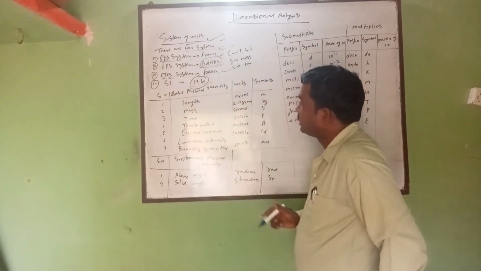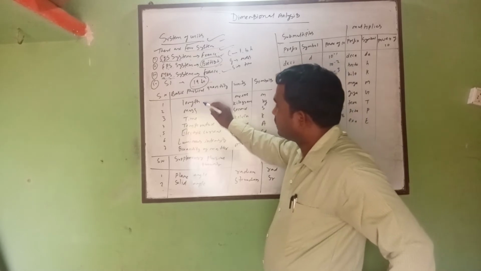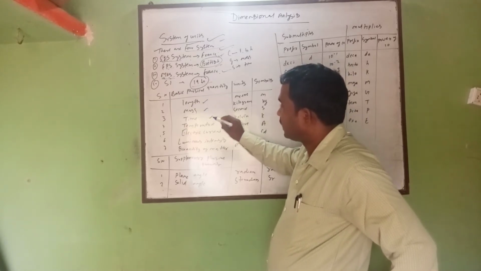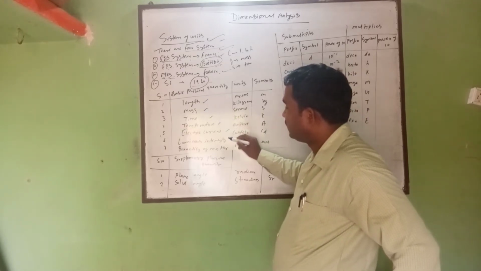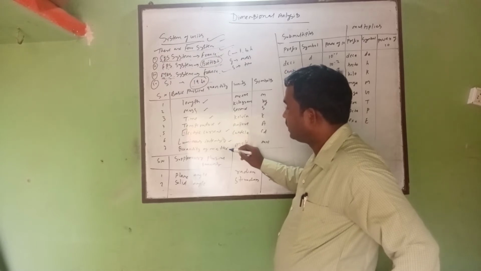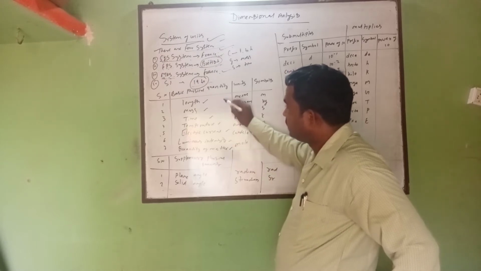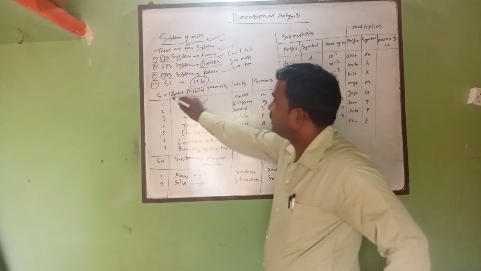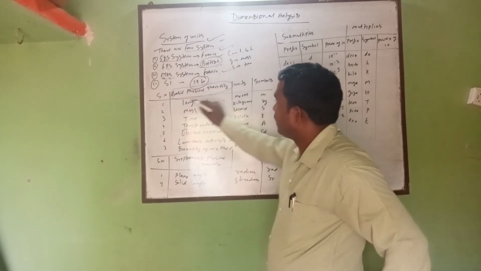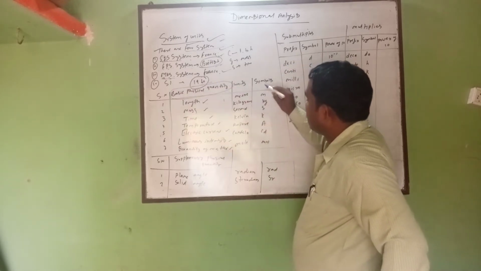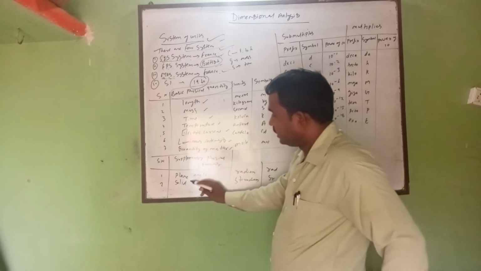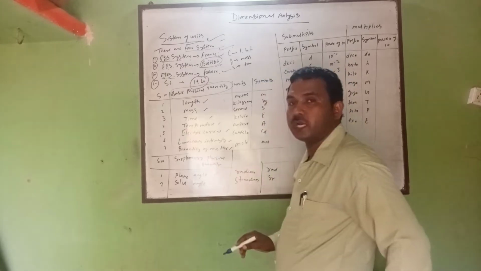You can see that the basic ones are length, mass, time, temperature, electric current, luminous intensity, and quantity of matter. These 7 are the basic physical quantities, and the supplementary ones are the plane angle and solid angle.